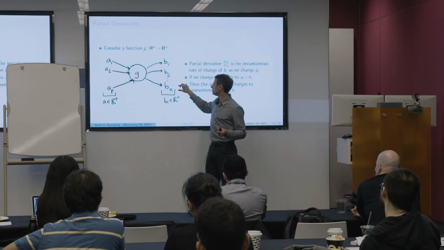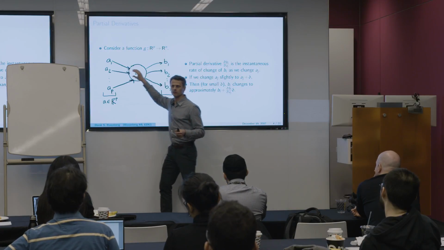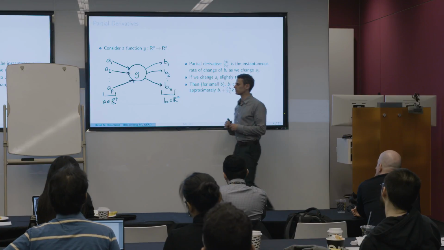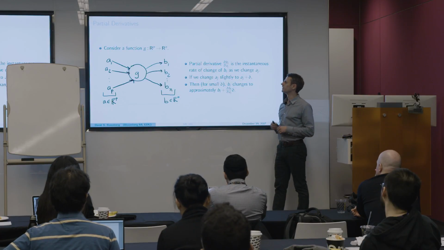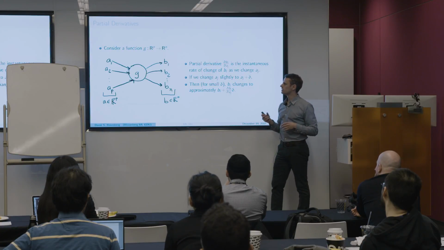It's going to change roughly by the partial derivative of Bn with respect to A2 times delta, the amount you changed A2. That's how much you expect it to change by.